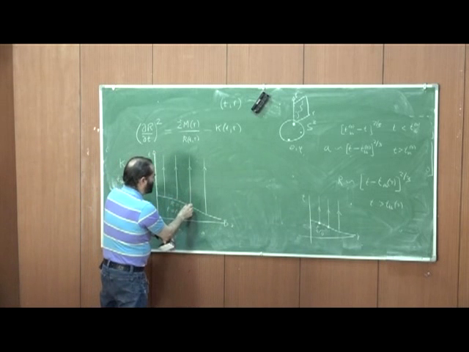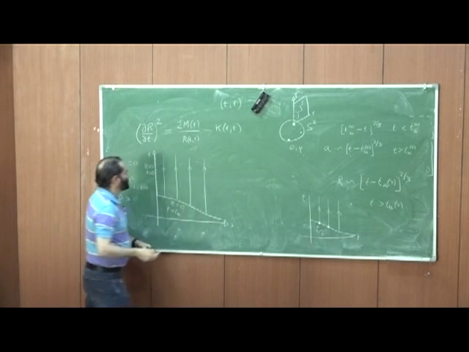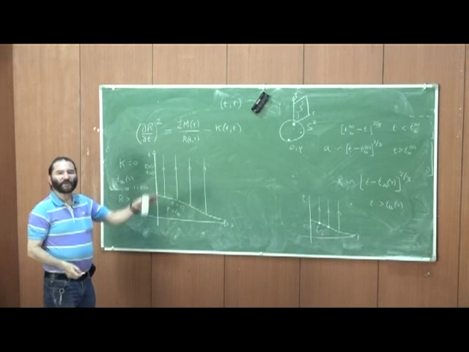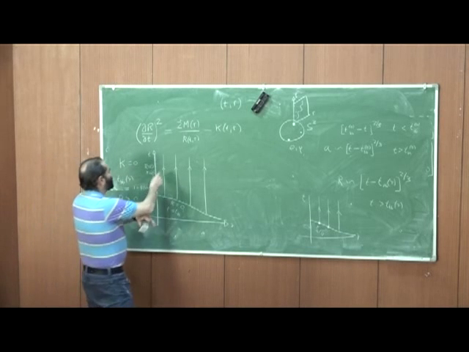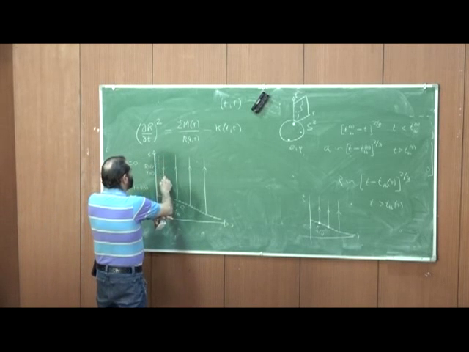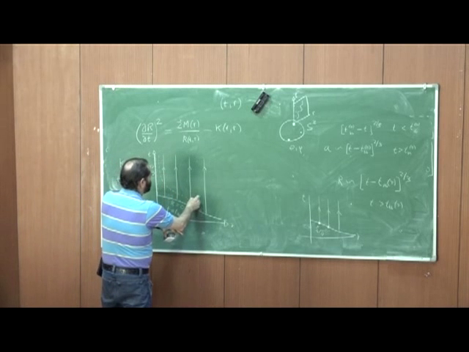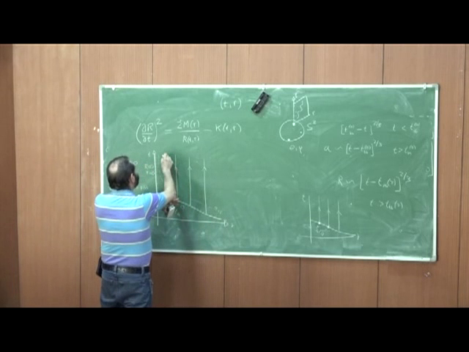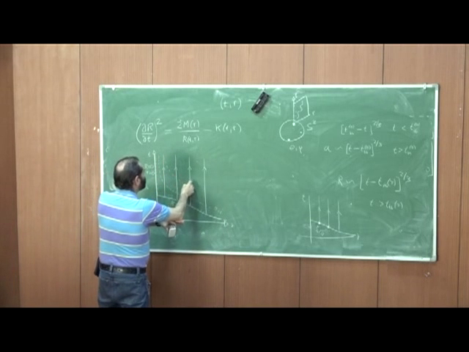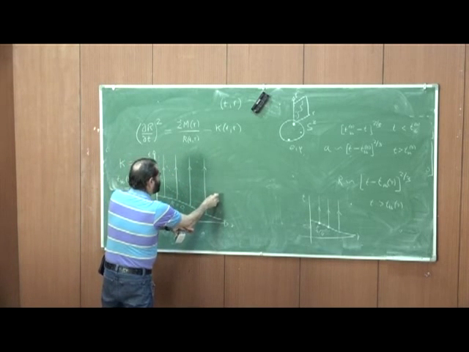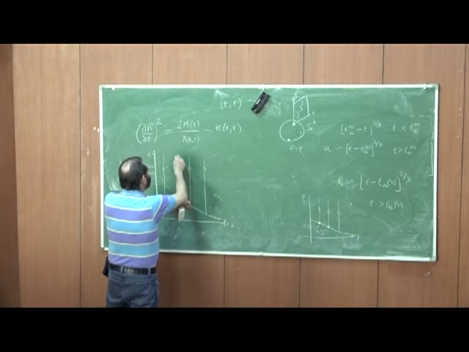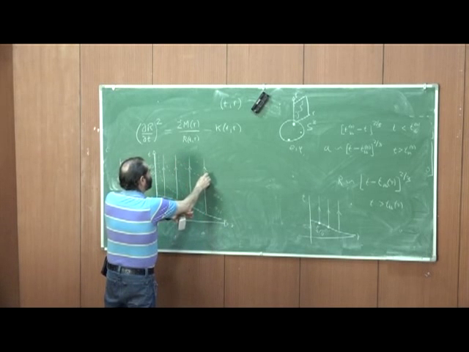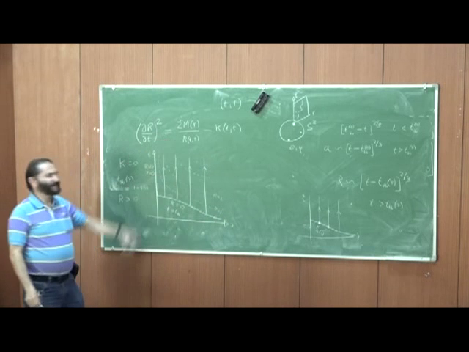Now, the surface r equals 1 would be something like this. This r equals 1. Then r equals 2, etc. R is increasing, okay?